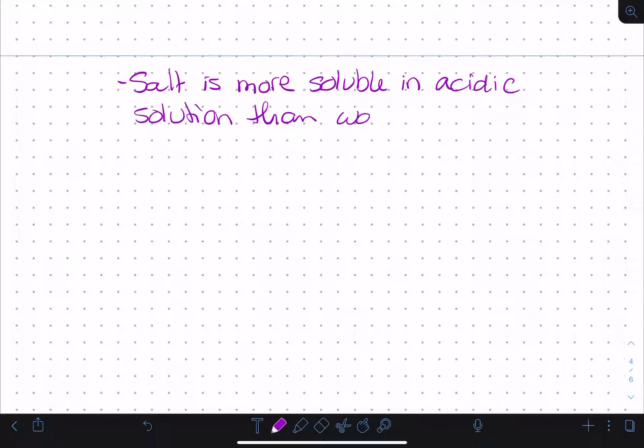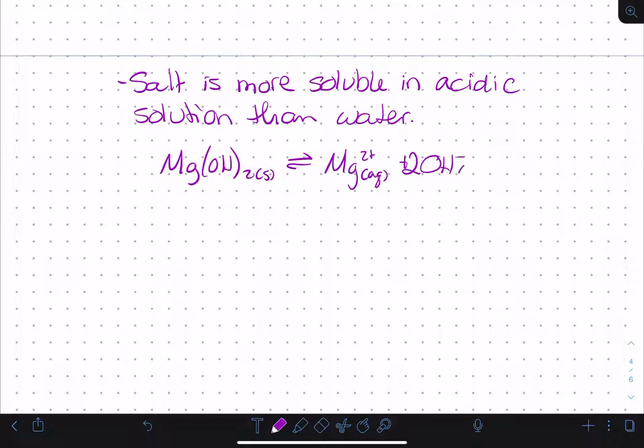So if we look at the same reaction, same substance here, magnesium hydroxide as our example, when it dissolves, it produces magnesium ions and hydroxide ions.